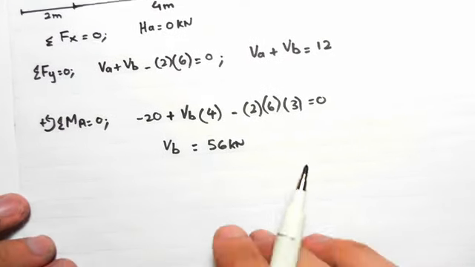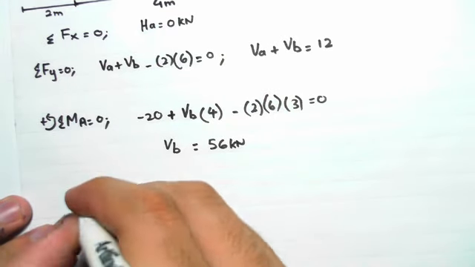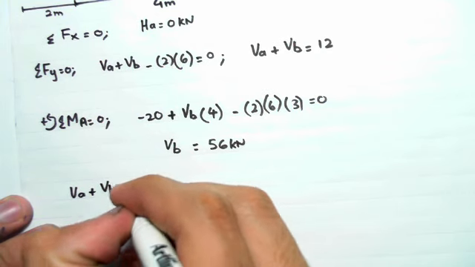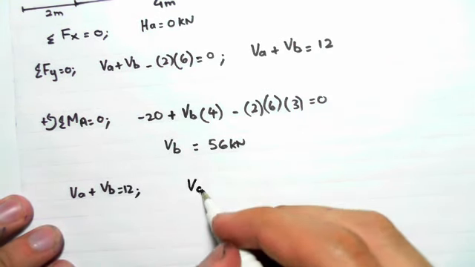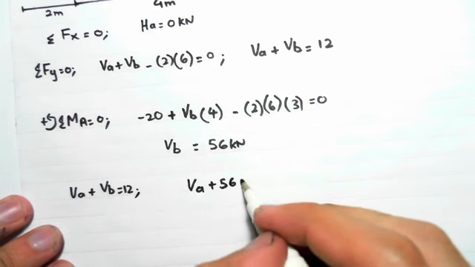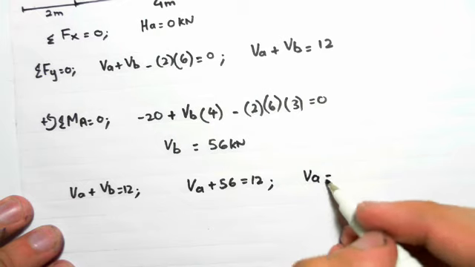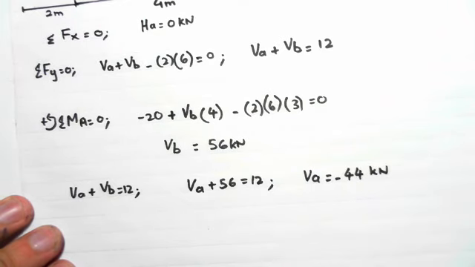As we previously mentioned, right here, VA plus VB is 12. Substituting VB as 56 kilonewtons, we have VA plus 56 equals 12. This gives us VA equals minus 44 kilonewtons.